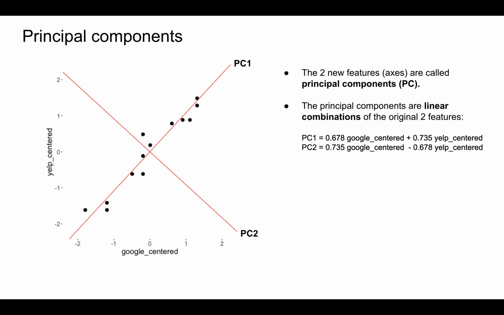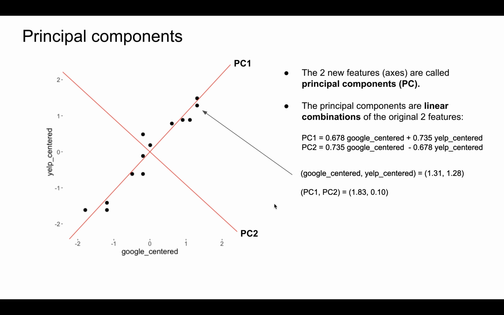Thus, we can express the information about each restaurant relative to both of these coordinate systems. For example, take this restaurant here. This has a centered Google rating of 1.31 and a centered Yelp rating of 1.28. By plugging these original features into the formulas for the principal components, we can get the coordinates on the principal component scale.